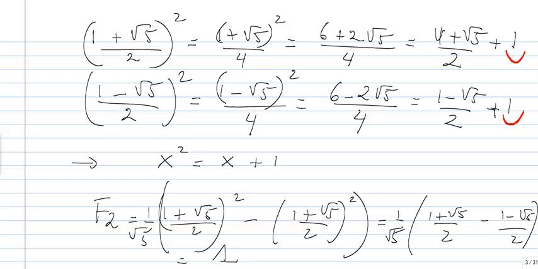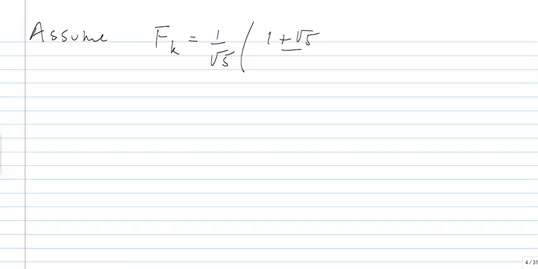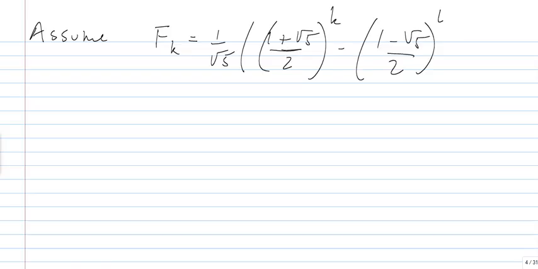So we have proven the formula for F1 and F2, and now we want to prove the following. Assume that the formula is true for F1, F2, up to Fk. So we have Fk equals 1 over square root of 5 times 1 plus square root of 5 over 2 to the power k minus 1 minus square root of 5 over 2 to the power k.